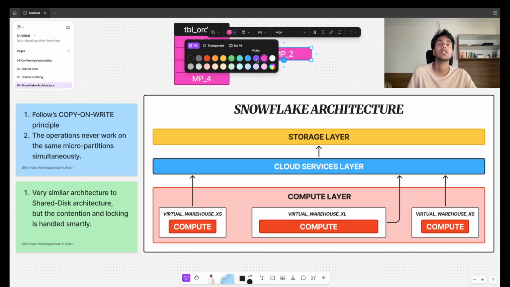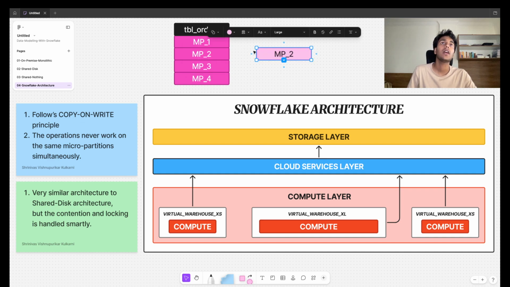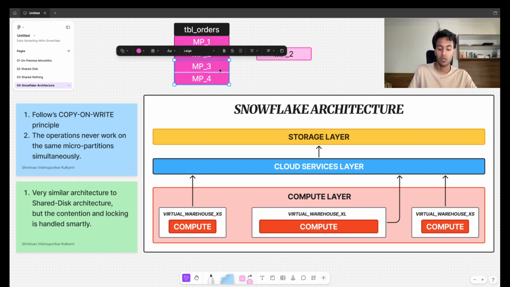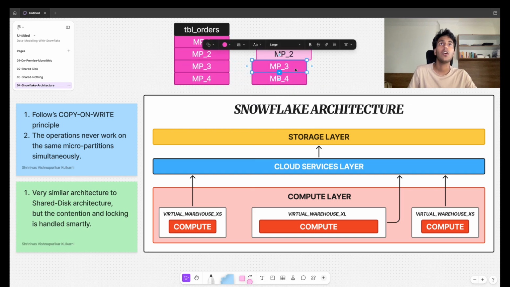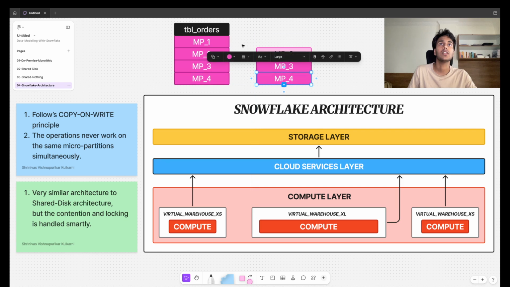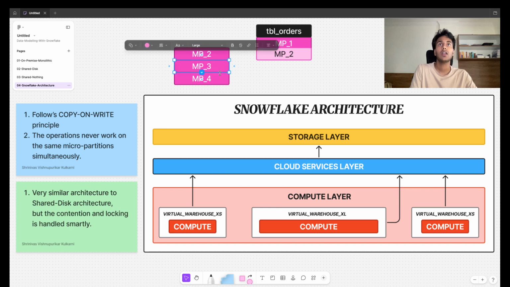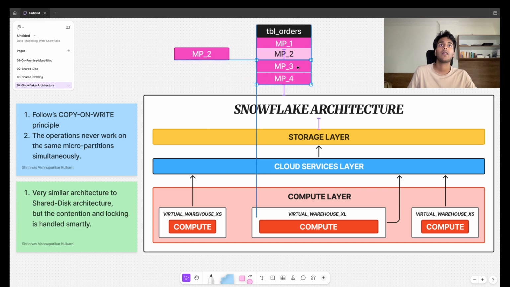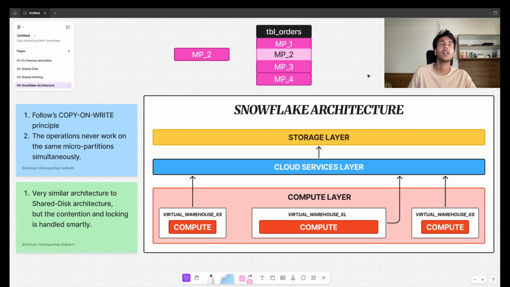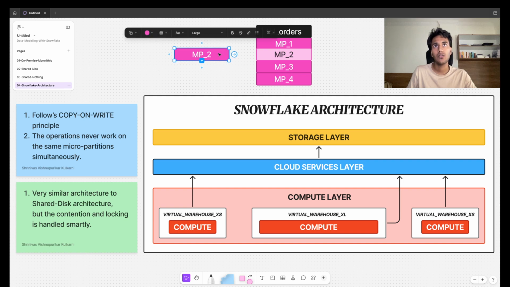Let's change its color to light pink, and this light pink will only be updated while all three of these micro partitions stay consistent. So now this is your updated table. If you notice, MP1, MP3 and MP4 have not been recreated. The only micro partition that was recreated was micro partition 2.